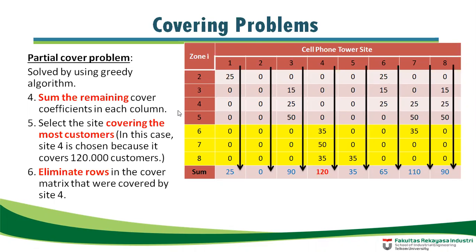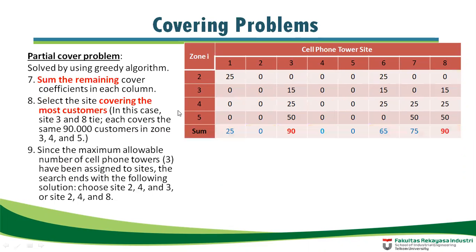So I have a new table now. And yeah, just do the same steps. Sum the remaining coefficients, which represent the customers, and do it until all the columns are calculated.